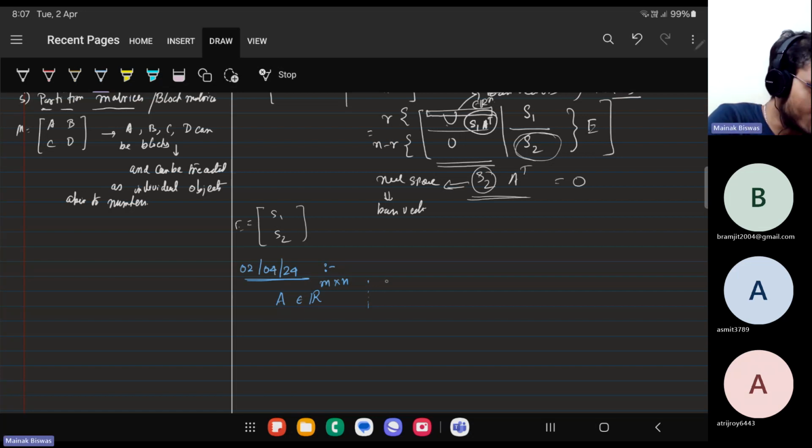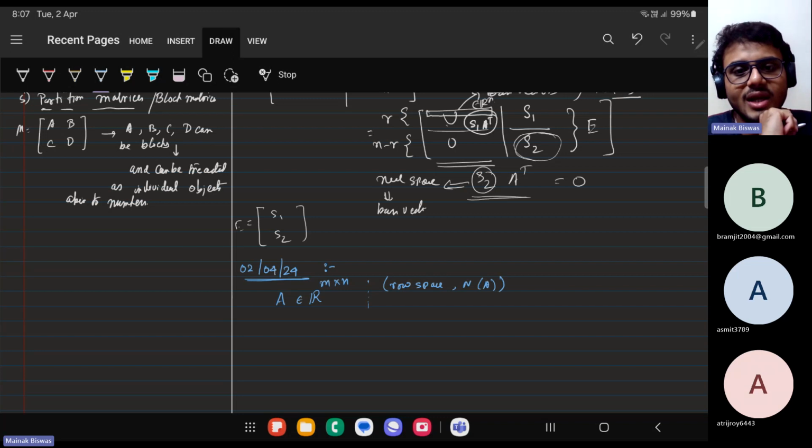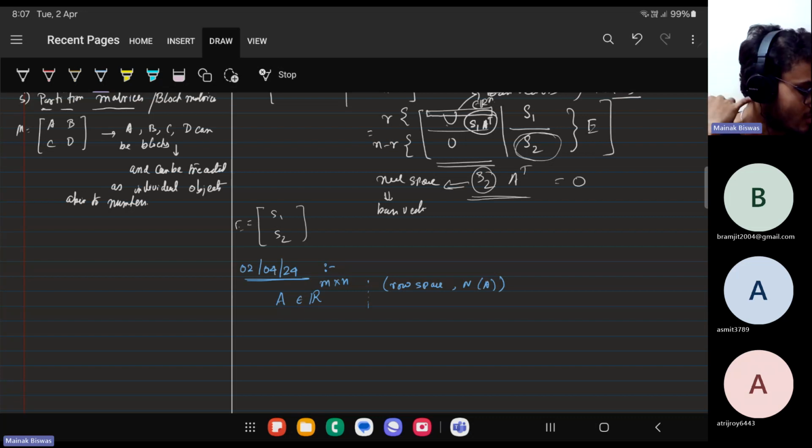Let us take a simpler question, say row space and null space. These two, if I am told to find, what will I do? If I'm told to find row space and null space of a matrix without doing the row reduced echelon form, can I use elimination to do that?